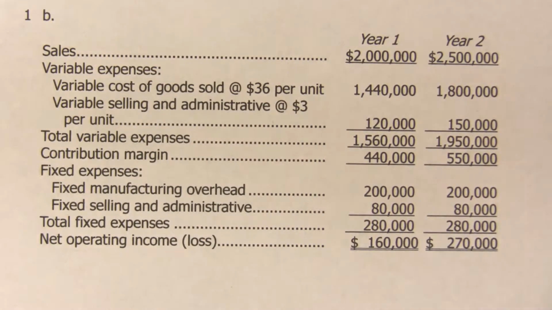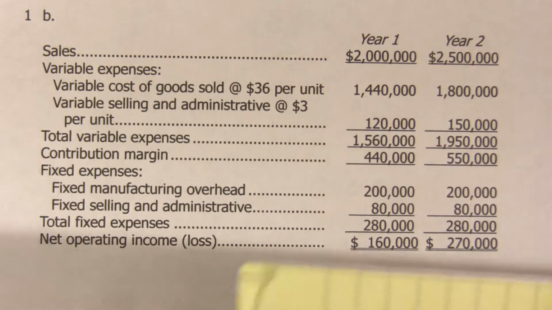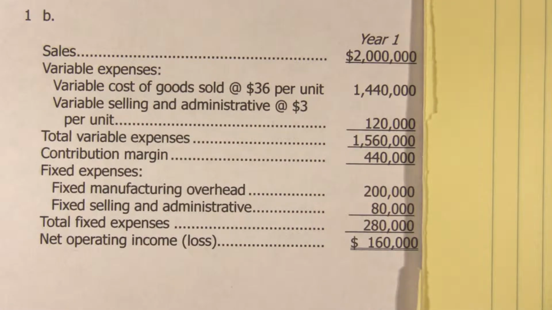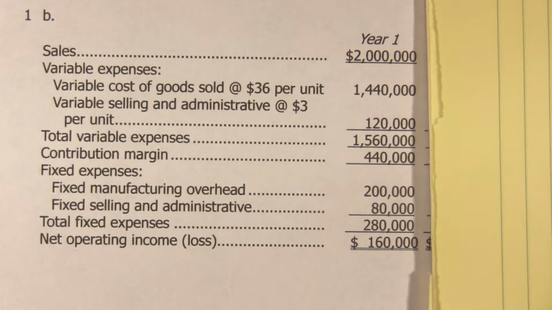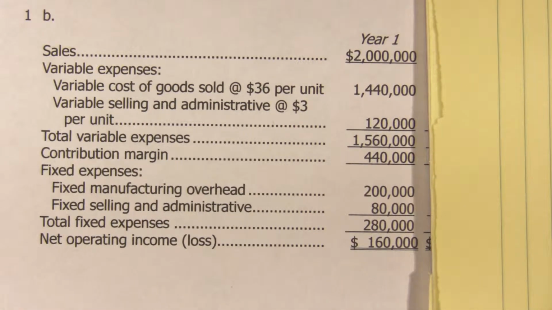So there's our income statement for year 1 and year 2. We'll come down year 1 first, just a little easier that way. Our sales are $2 million, okay? And we're given that because they tell us that they sold 40,000 units.